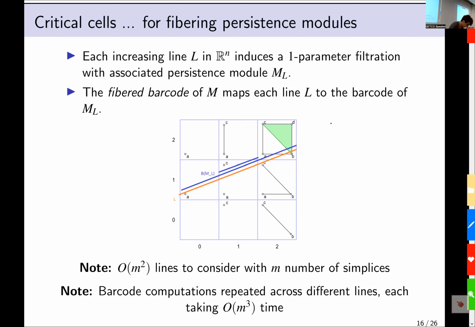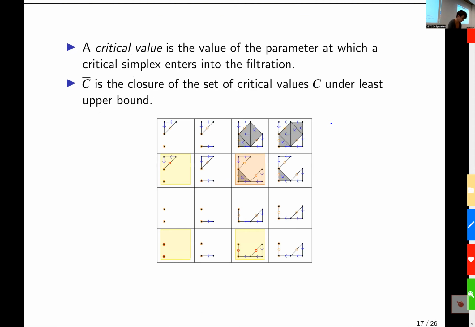So now, instead of doing this for any pair of values of simplices, we want to summarize the simplicial complex, getting its Morse complex, which contains fewer cells and therefore fewer values.